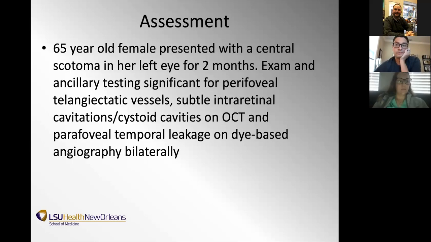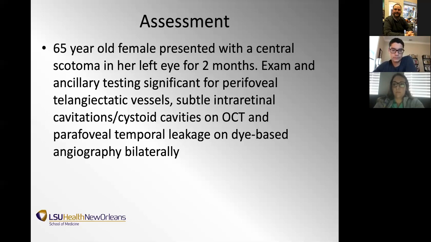Any other differentials? Coats, but she's older for that, but just because of telangiectasias. Sure, yeah. You can think of other things that can cause leakage, parafoveal leakage, and CME, for example.